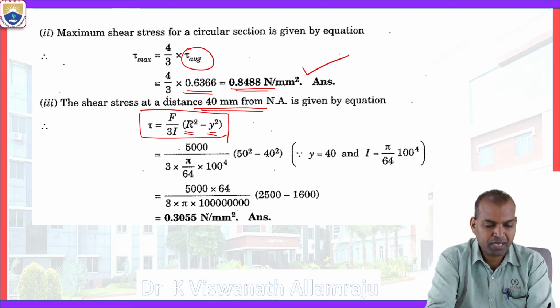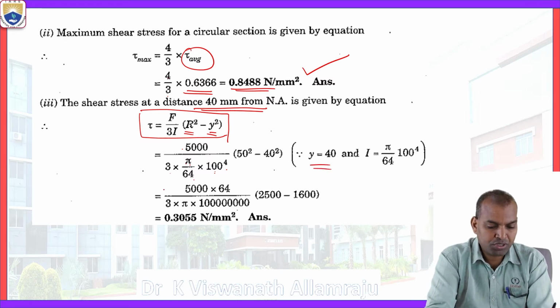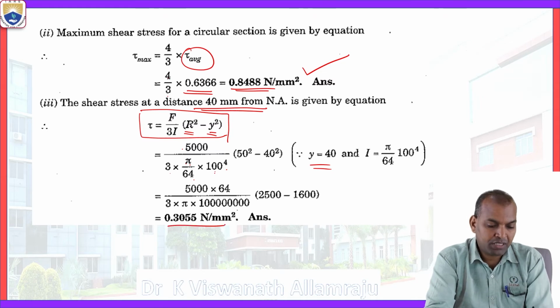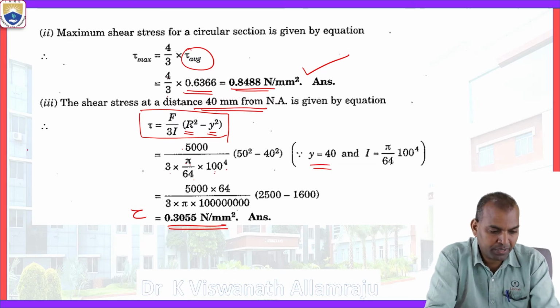The shear force is 5000 newtons, and I is pi d power 4 by 64, pi into 100 power 4 by 64. After substitution and simplifying, the calculated value of the shear stress is 0.3055 Newton per square millimeter.